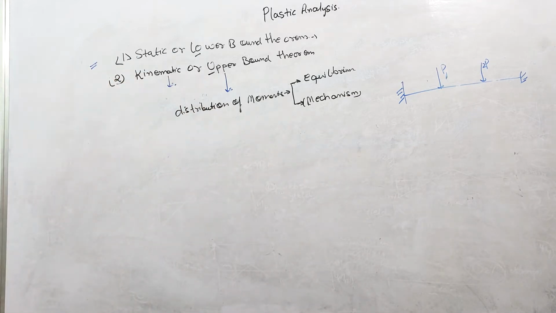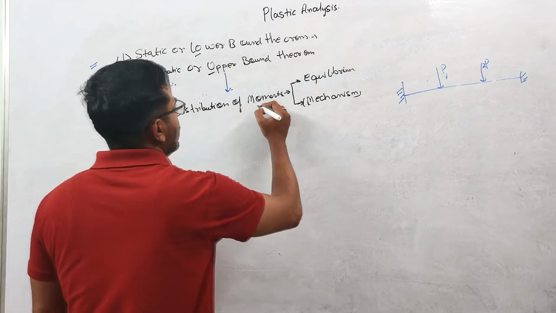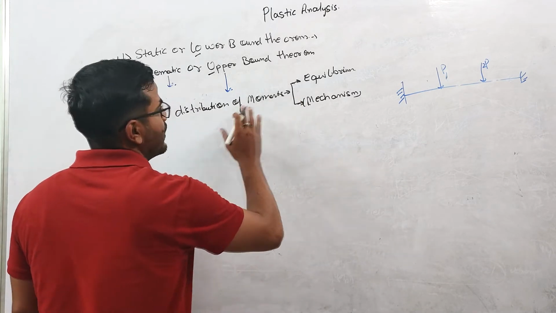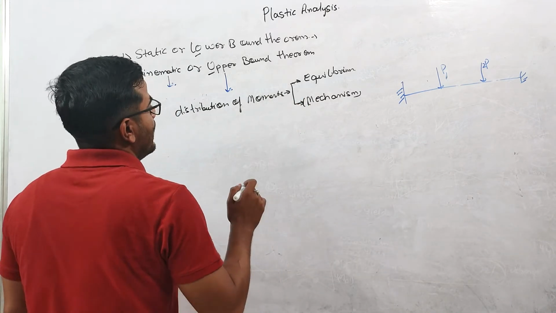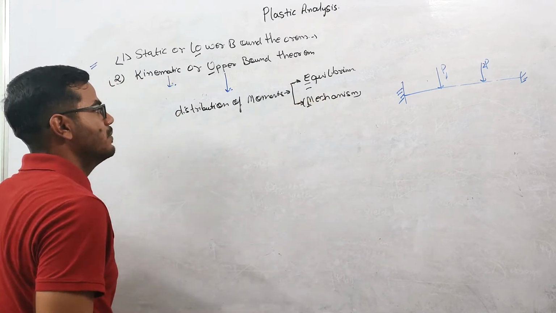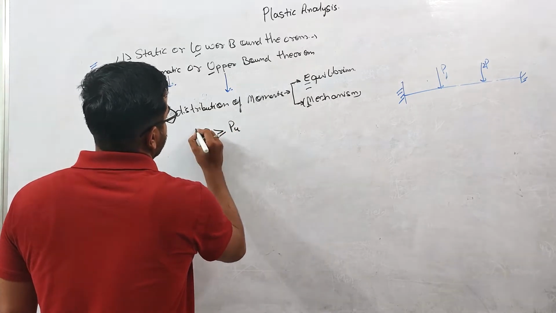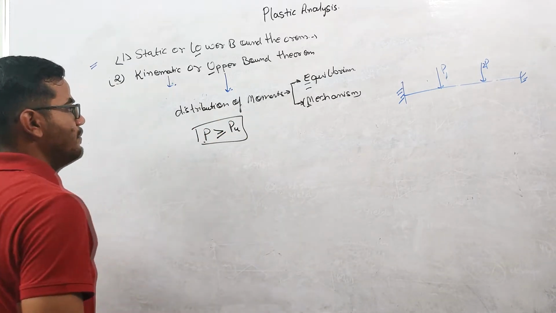Okay, so when these two conditions are satisfied, when the moment is distributed after applying the loads, and the distribution of this moment is satisfying two conditions, one is equilibrium and one is mechanism, then the load will always be greater than the true collapse load.